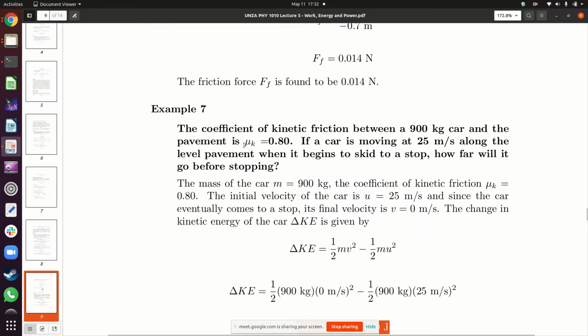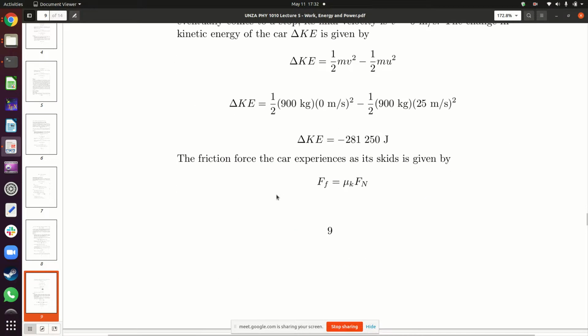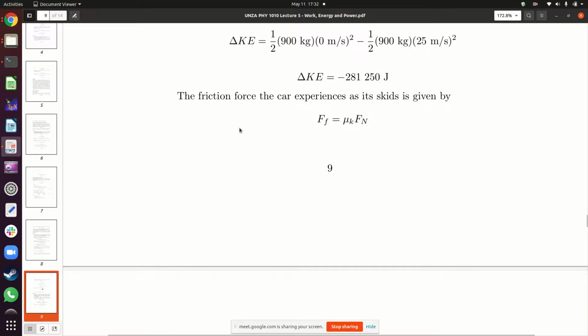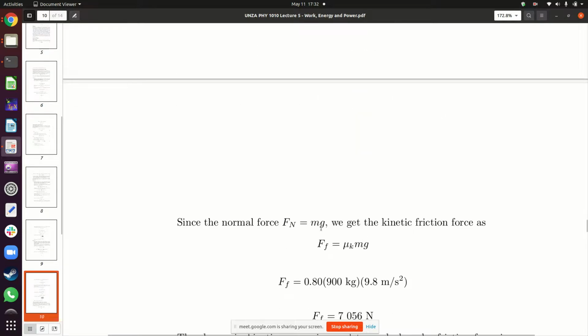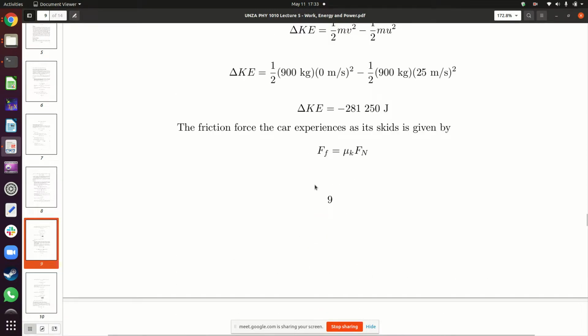And we have been given a coefficient of friction here, which I have said looks to be very large for a kinetic friction coefficient. So every time you're working out friction, the friction force is equal to the coefficient of friction multiplied by the normal force. And we know that the normal force is basically the weight of the object. So we have a mass of 900 kg times g, which gives us the weight, then multiplied by the coefficient of friction, so that should give us the friction force.